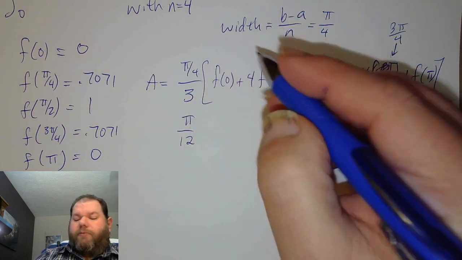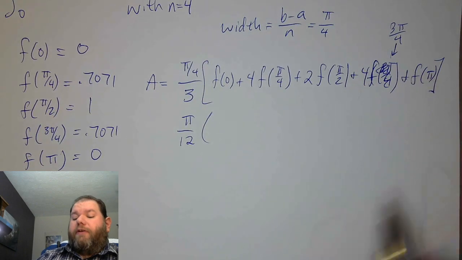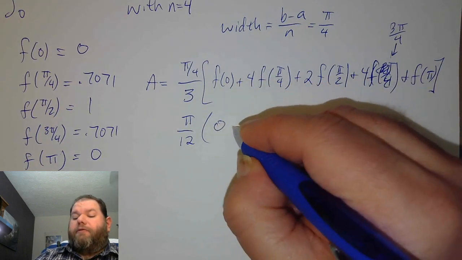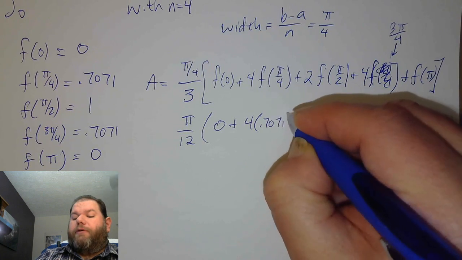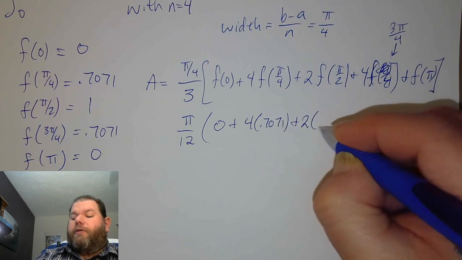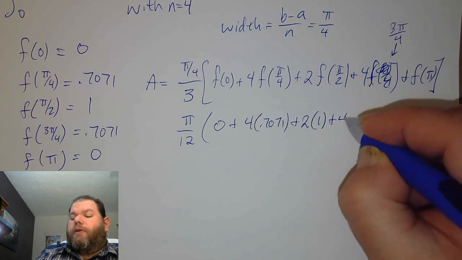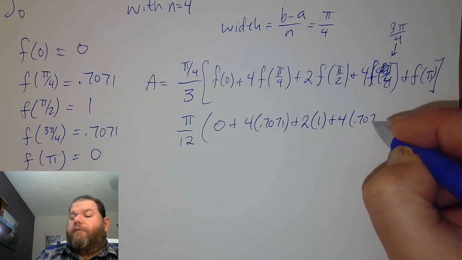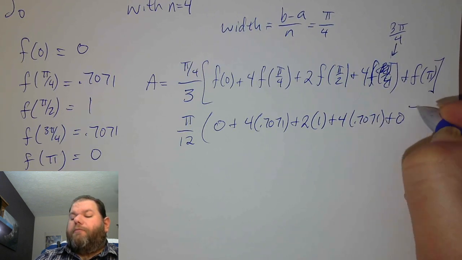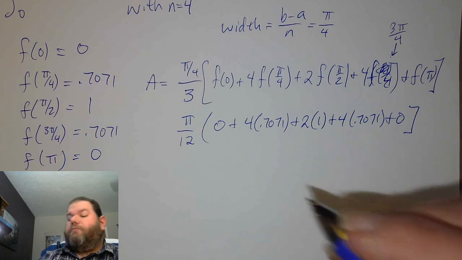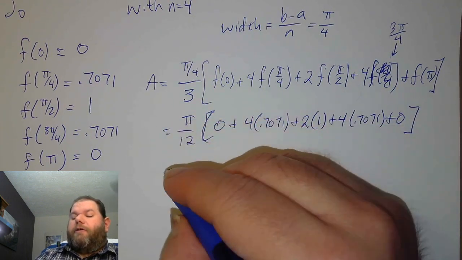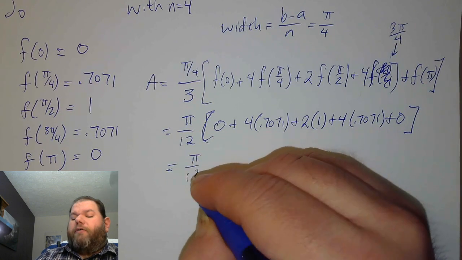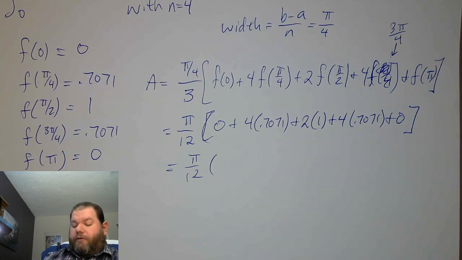And then inside, f of 0 is 0, 4 times 0.7071, 2 times 1, plus 4 times 0.7071, plus 0. So it's pi over 12, and then what do we have inside there?